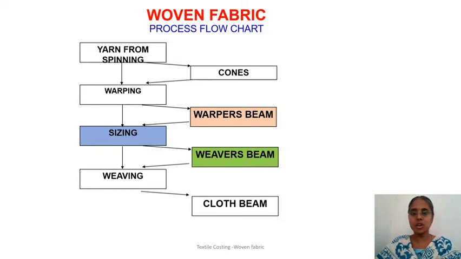How many ends you require in the fabric, divided by the creel capacity in the warping process, you decide the number of warper's beams that have to be fed. These warper's beams are fed into the sizing process, wherein the size paste is applied and it is converted into the weaver's beam.